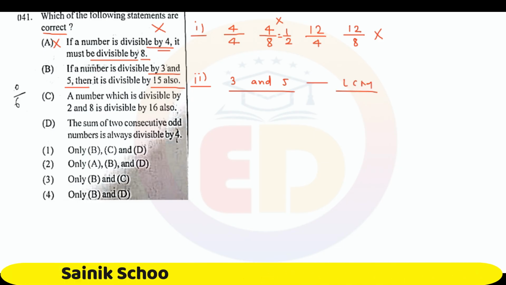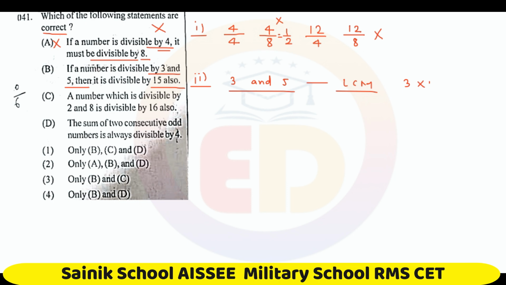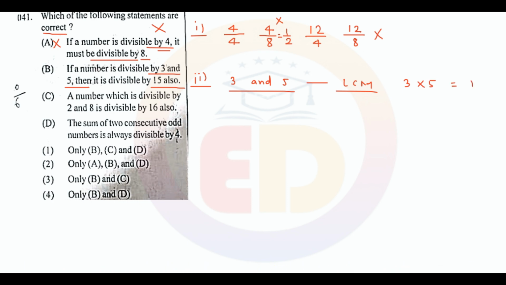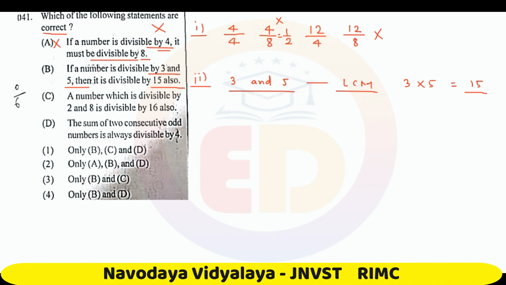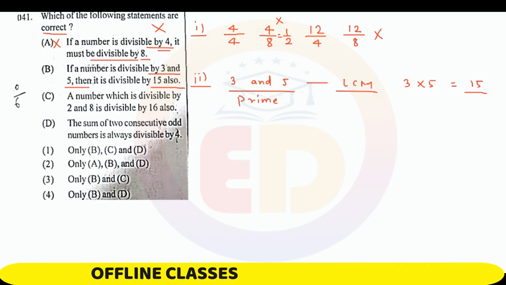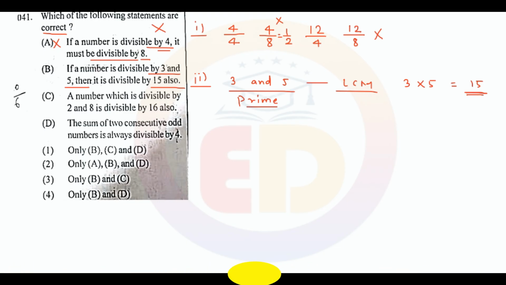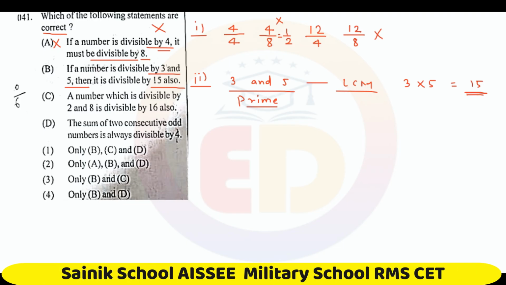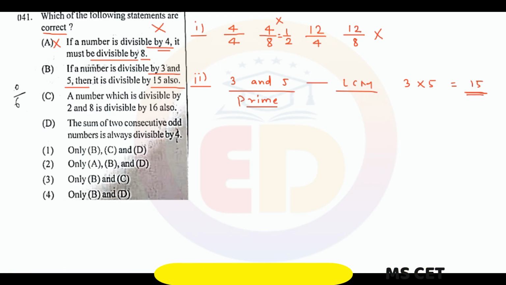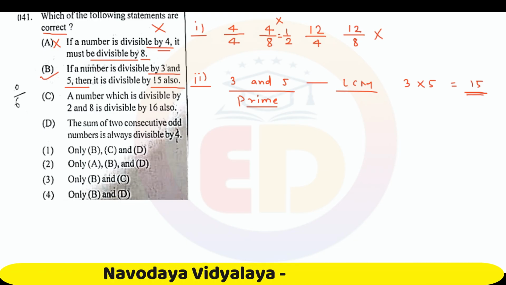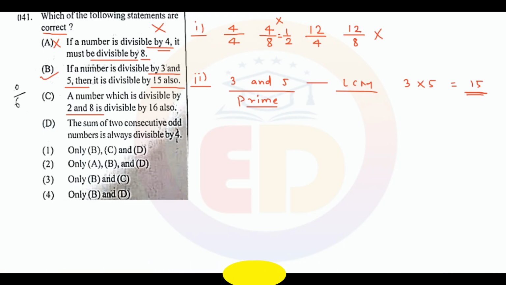LCM of prime numbers is their product, which is 3 into 5. So if the number is divisible by 3 and 5, both of them being prime numbers, then the number will also be divisible by their product or by their LCM. So option B is correct. Next, a number which is divisible by 2 and 8 is divisible by 16 also.